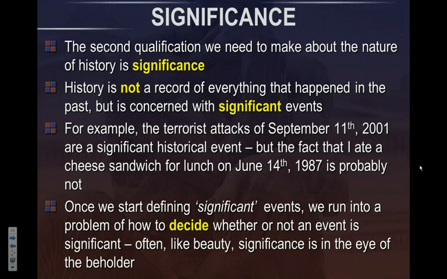Some would argue, well, it had a big impact on the society that it occurred within. It had an impact on the world as a whole, and those are good arguments, okay? But the fact that I ate a cheese sandwich on June 14th, 1987, I would say is not a historically significant event, okay?